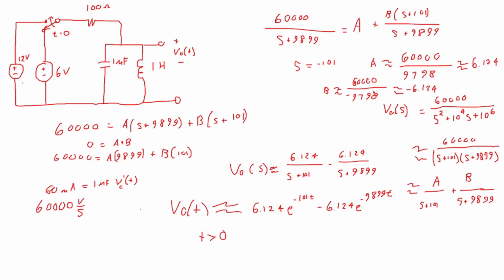So there's some amount of current from the source through the resistor that the inductor needs to accept.